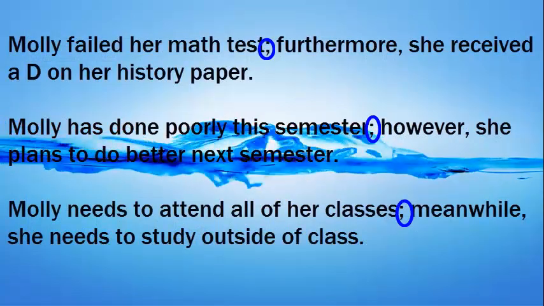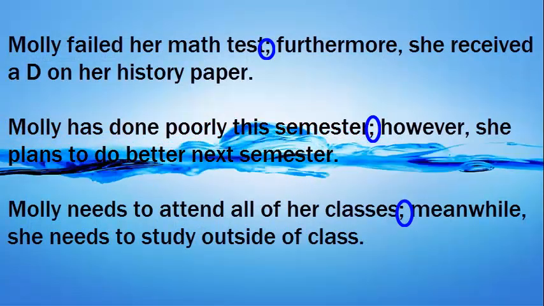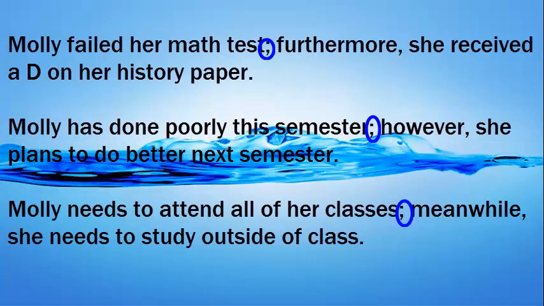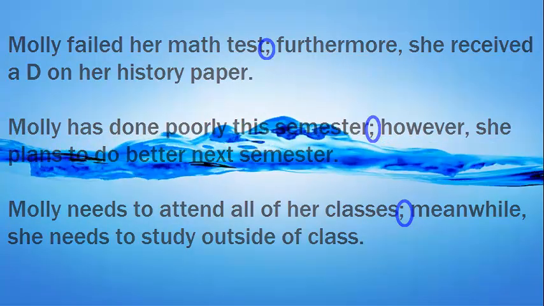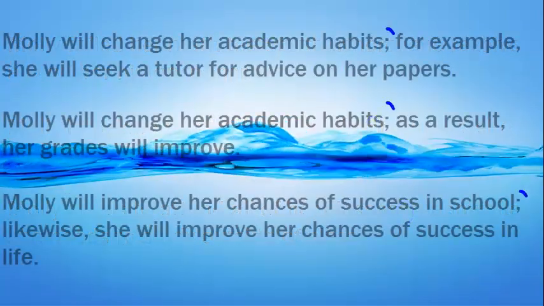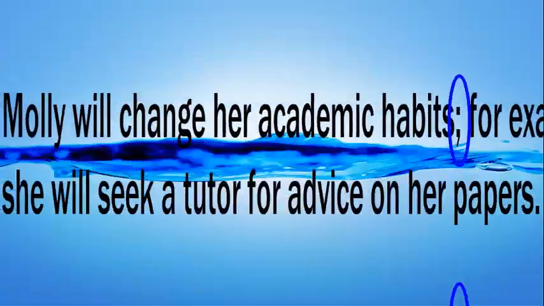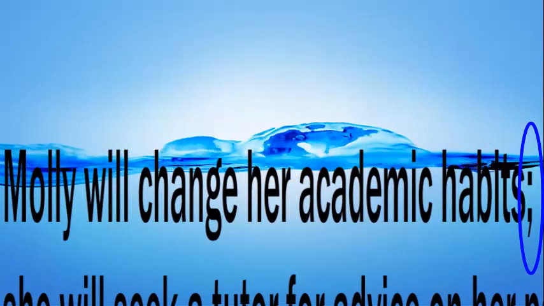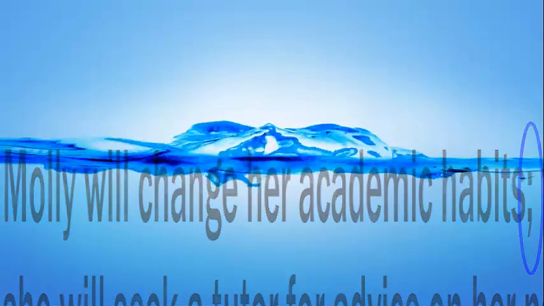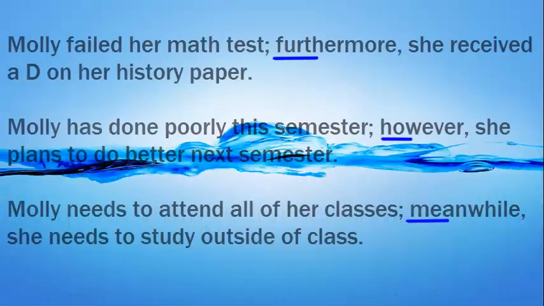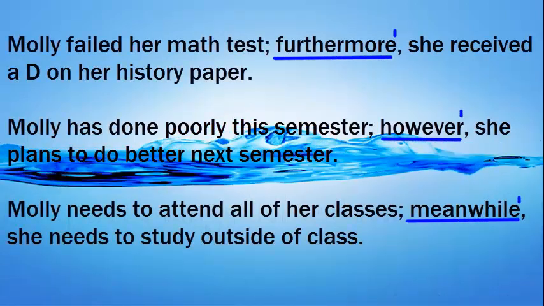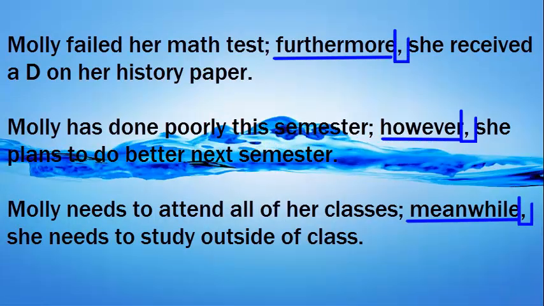Notice that in each of these compound sentences, the semicolon comes after the first independent clause. For example, Molly will change her academic habits; after the semicolon comes a transitional expression followed by a comma.